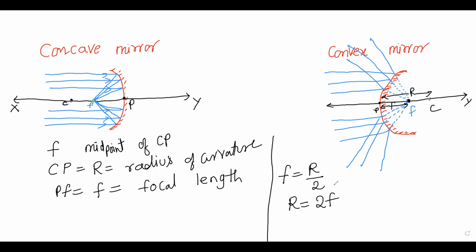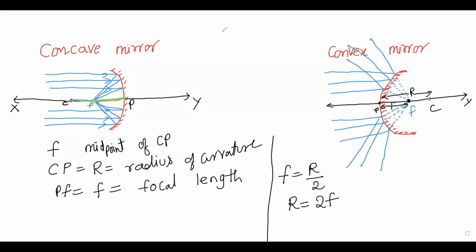Got it? Once again, this yellow line, that is distance from the pole to focus, this length is called focal length. This green line from pole to center of curvature, is called radius of curvature.